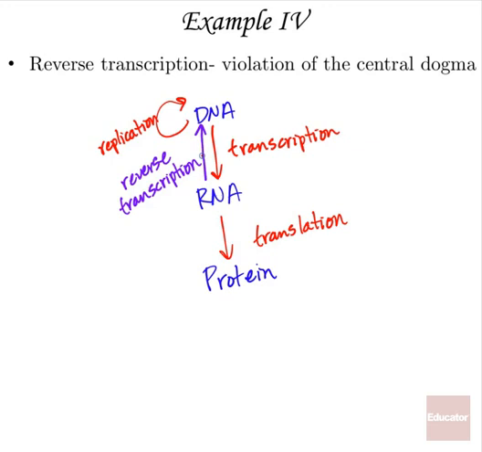Some examples of enzymes that have reverse transcriptase capability, probably the most famous one is HIV. Another one is the hepatitis B virus. They both contain reverse transcriptase enzymes, and really, if we talk about any of the viruses in the retrovirus family.